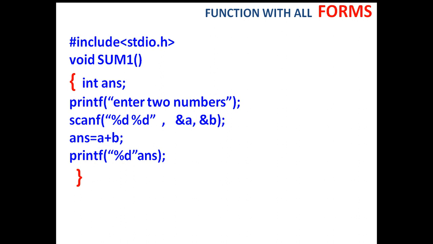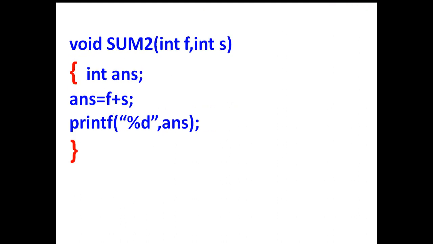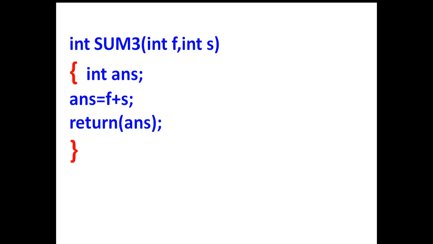For using this function, we have to give the values and we get the answer from this function. In the third category, you will write first the data type, then the function name, then the arguments. And this is the fourth category we have discussed today.